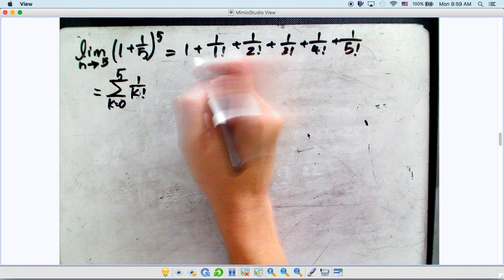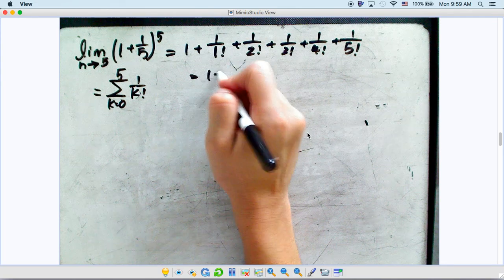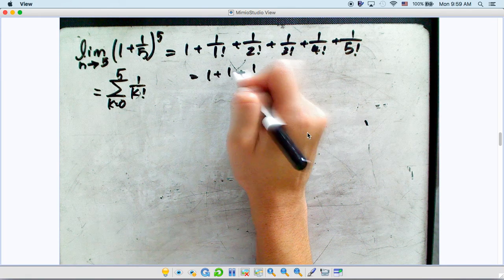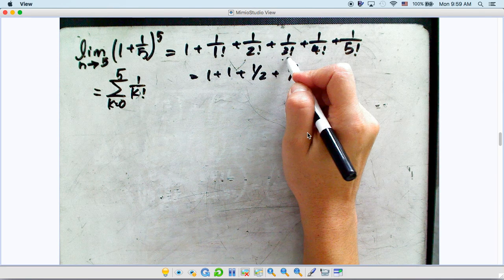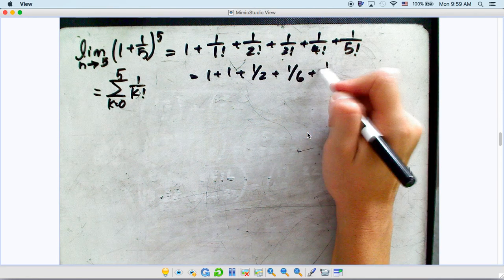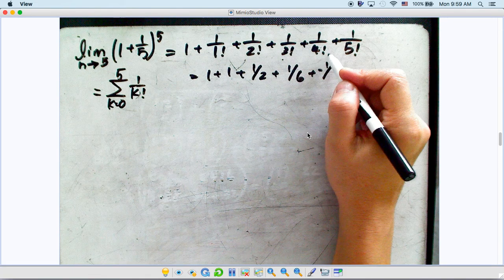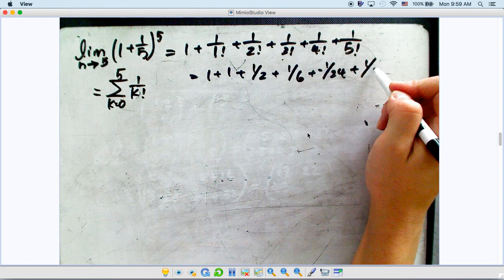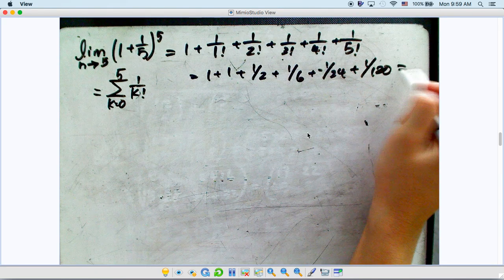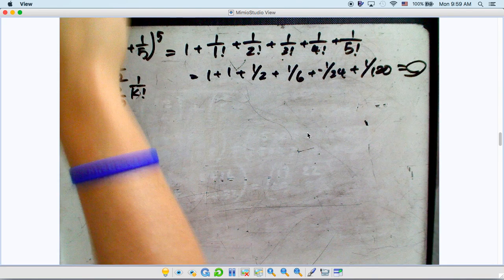So this equals what? 1 plus 1 plus 1 over 2 plus 1 over 3 times 2 times 1, which is 6, plus 1 over 4 times 3 times 2 times 1, which is 24, plus 1 over 120, whatever that is. Okay, so let's prove that.